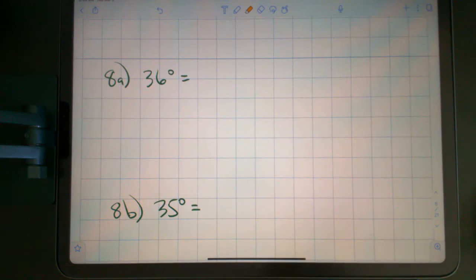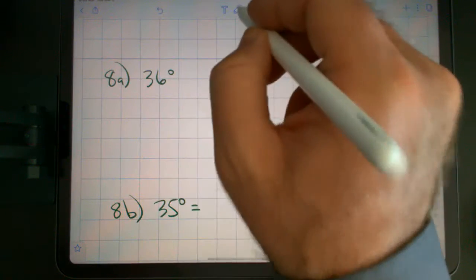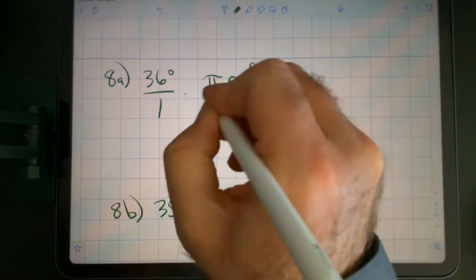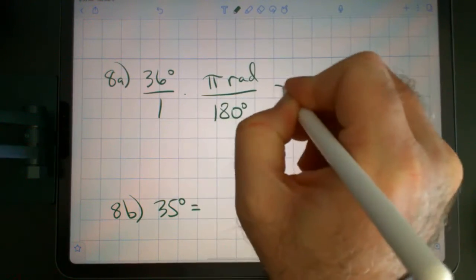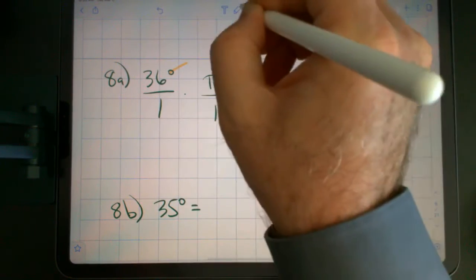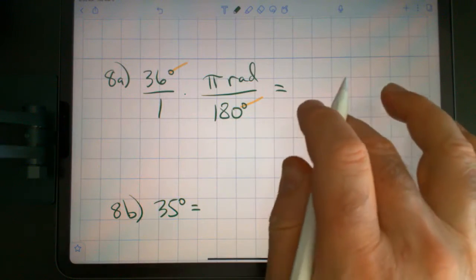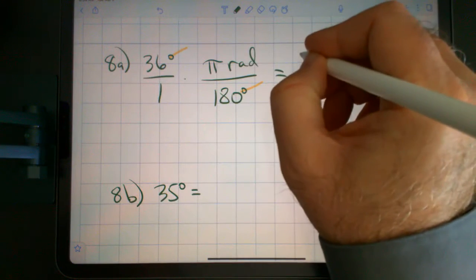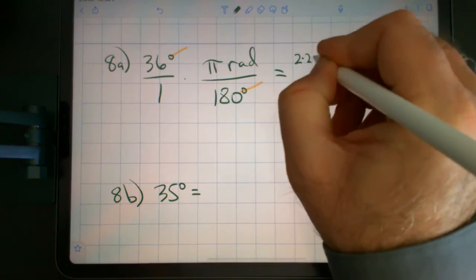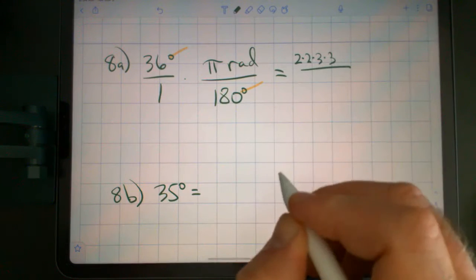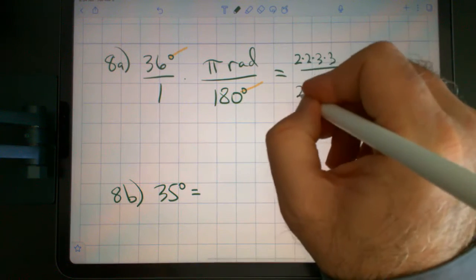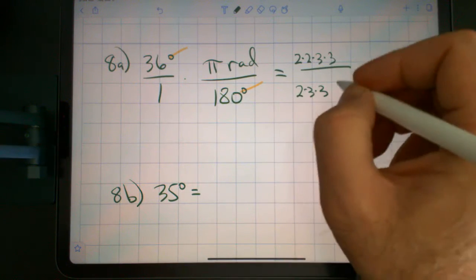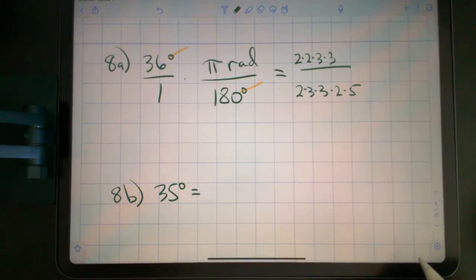For 8a, it's the same thing. 36 is 4 times 9, which is 2 times 2 times 3 times 3. And 180 is 2 times 3, so there's 9 times 2 and then times 10 times 2 times 5.